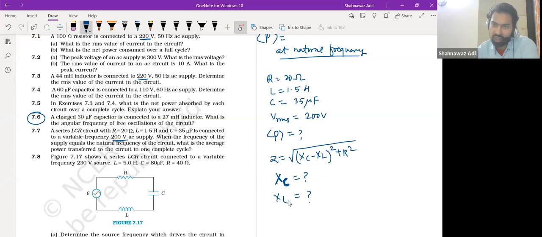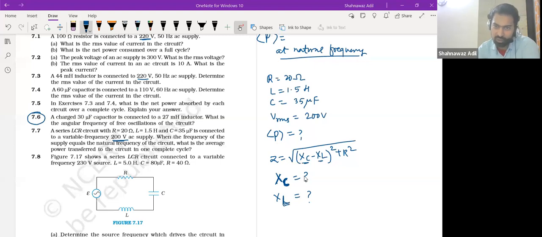Yes, Aisha, how did you calculate this XC and XL? Because you need this, right? Impedance, you got 20 ohm.